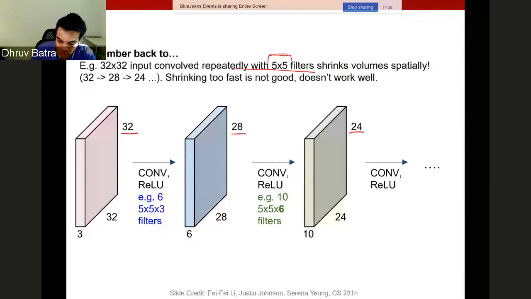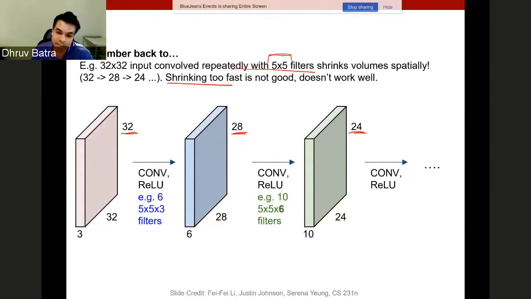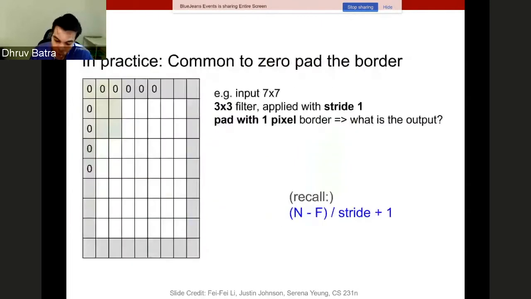And if this reduction is happening too fast and you do not control it, it limits the depth of layers that you can stack in your neural networks, and you may be losing resolution too quickly. And so there are ways of controlling it. The common way of controlling it is to zero pad the border.